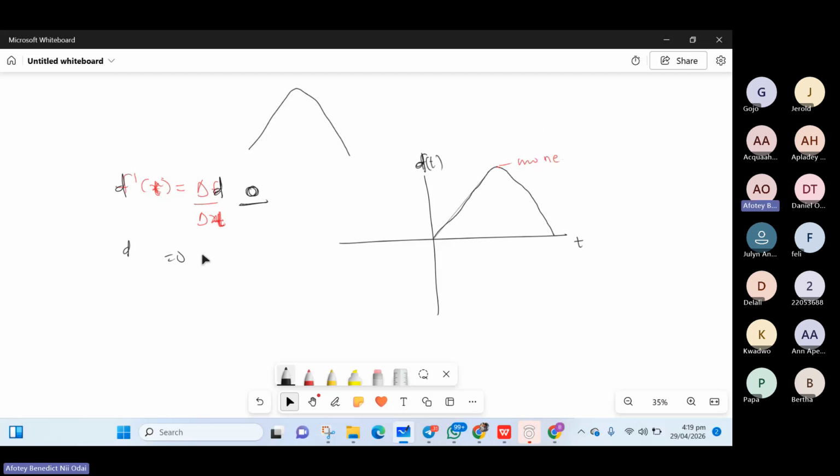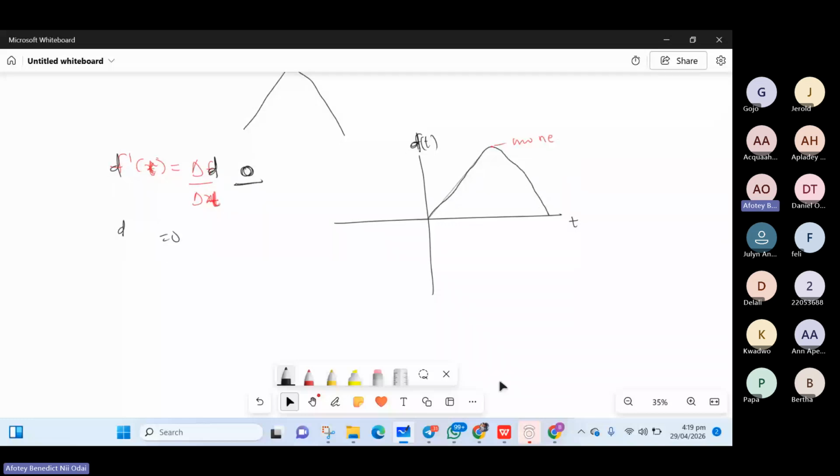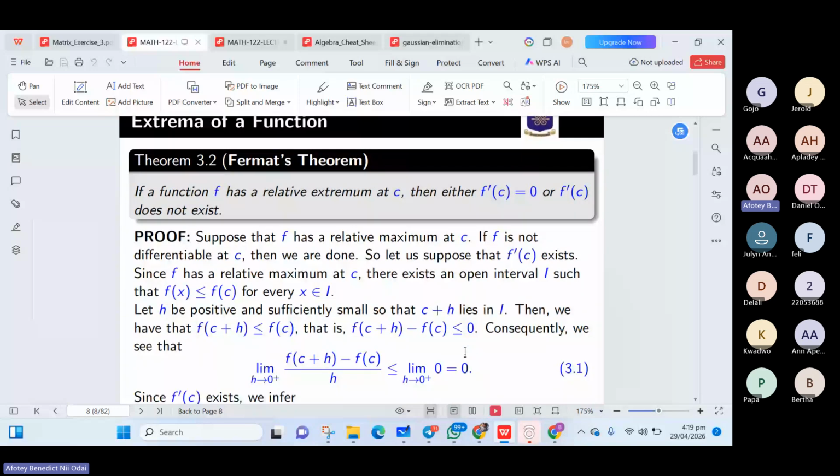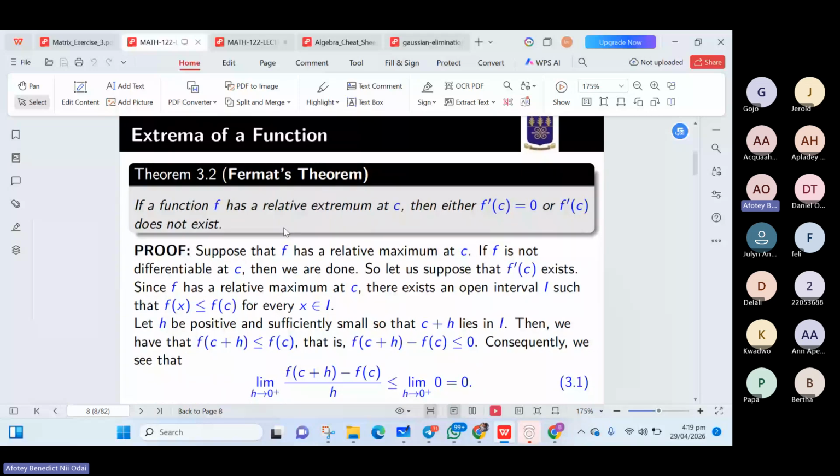So at that point, the change or the differential becomes zero and it comes down. That's again what Fermat's theorem is about. So f is a function. If it has a relative extremum at c, then either f prime of c is equal to zero or f prime of c does not exist. I'll come and touch on why that does not exist part is added.